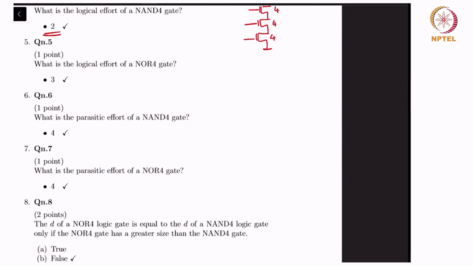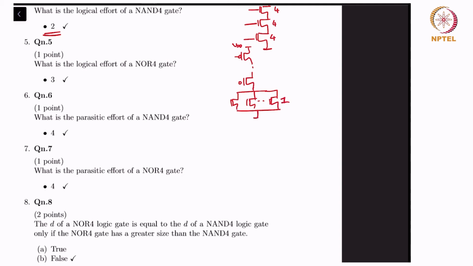Similarly, for a NOR 4 gate, on the PMOS side we have a 4 stack, and 4 NMOSes.